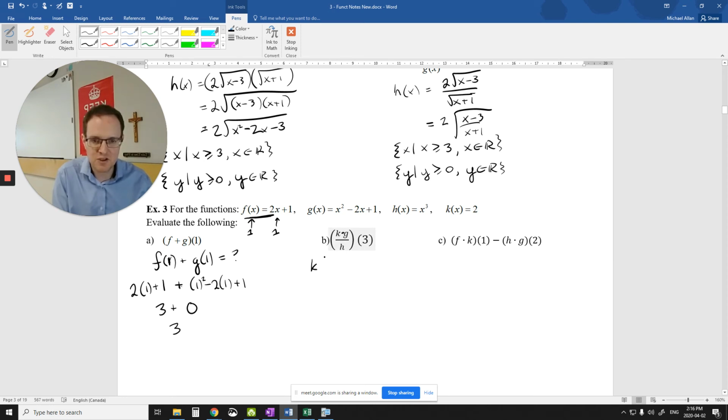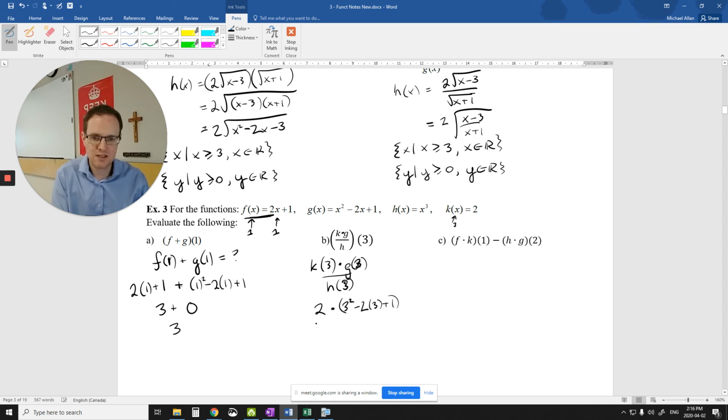So this is k of 3 times g of 3, divided by h of 3. I don't know why I didn't put a 3 there. Okay, then we just evaluate these. k of 3 is just equal to 2, it's always going to be 2 no matter what. I'm going to put 3 into g, so this would be 3 squared minus 2 times 3 plus 1.